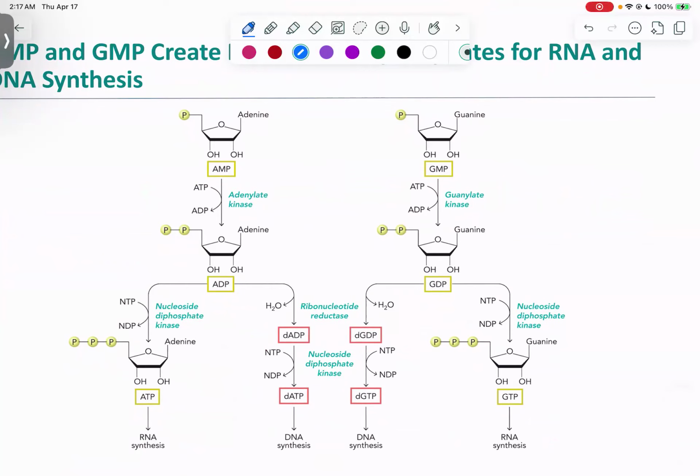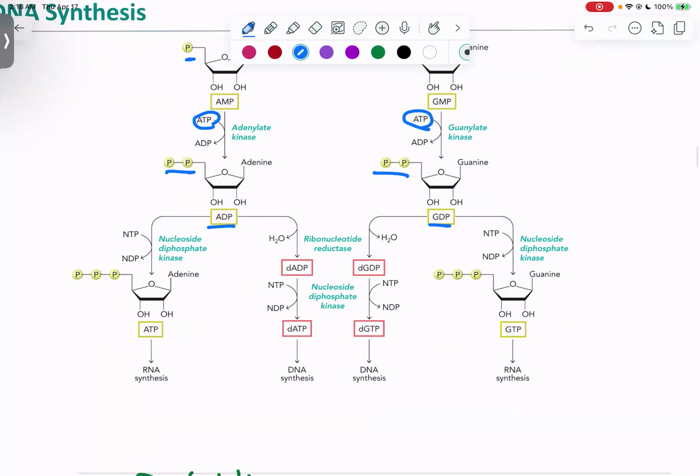We go from having one phosphate to having two. So it's either adenylate kinase or guanylate kinase, and for this, they both use ATP. Anytime you're just phosphorylating something, typically we use just ATP. So now we have the diphosphate versions of each of the nucleotides.